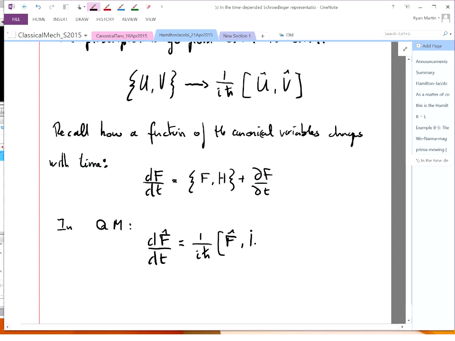So it's going to be the commutator of f with the Hamiltonian operator, plus the partial df by dt. This is precisely the Heisenberg equation that you get for how operators change with time in quantum mechanics. Just in case you didn't know, h bar is Planck's constant h over 2 pi.